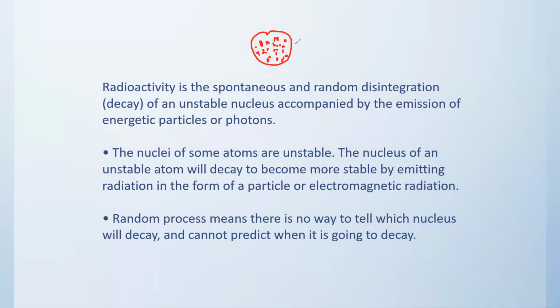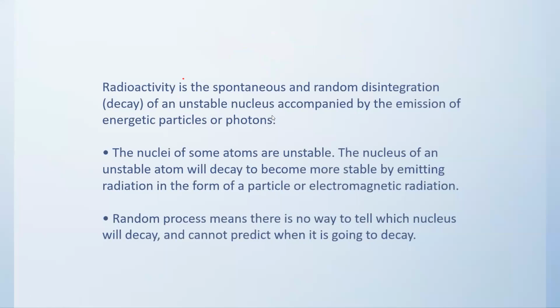As a result, the nucleus starts to emit 3 types of radiation. One is called alpha, meaning 2 protons and 2 neutrons together. Another one is beta, which is only an electron, and the third one is gamma, which is energy. So alpha, beta, and gamma emissions are there, and these radioactive emissions are random and spontaneous.